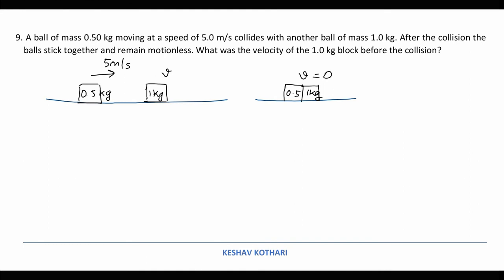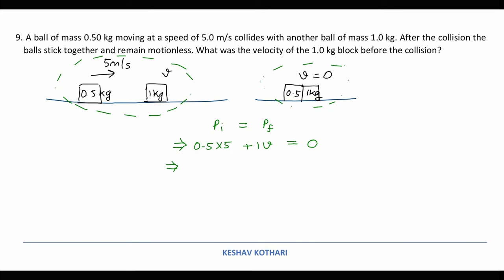If we consider both the blocks as part of one system, there is no net external force acting on the system and the mass of the system is also conserved. So I can say that the initial momentum before collision is equal to the final momentum after collision. I can write the initial momentum as 0.5 into 5 having a positive value plus 1 into v, and the final momentum is equal to 0.